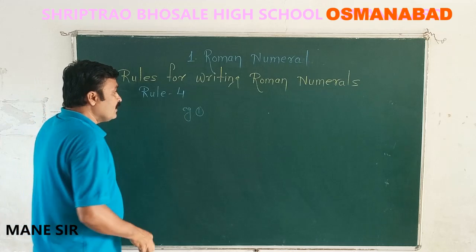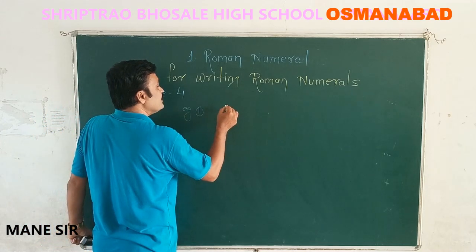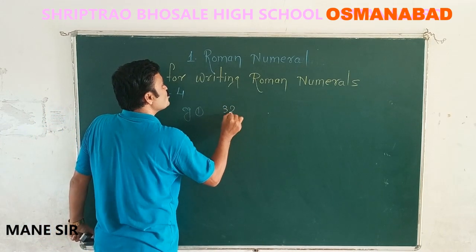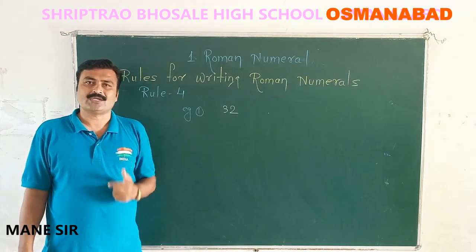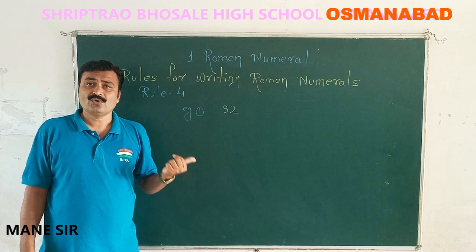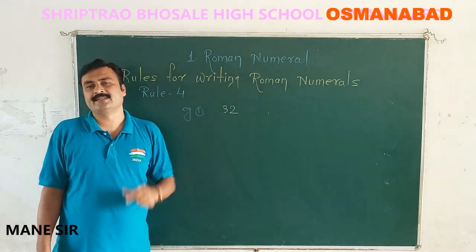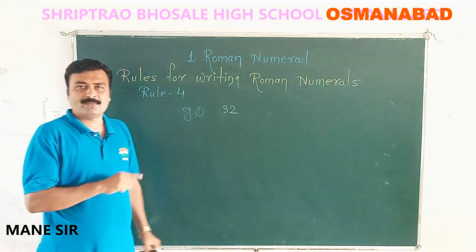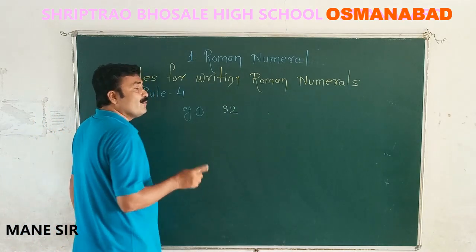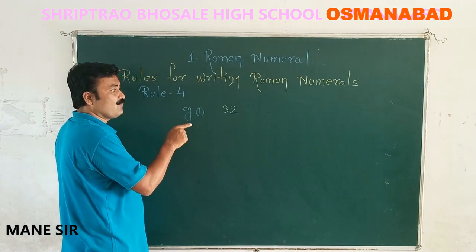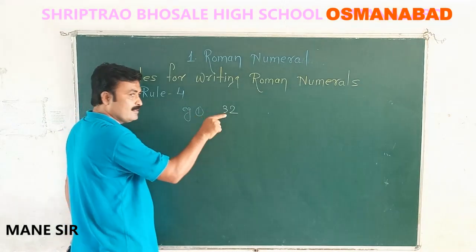Now we are taking here the number 32. We want to write the international number 32 into Roman sign. So while writing this international number 32 into Roman sign, first we write the expanded form of 32 in this way.